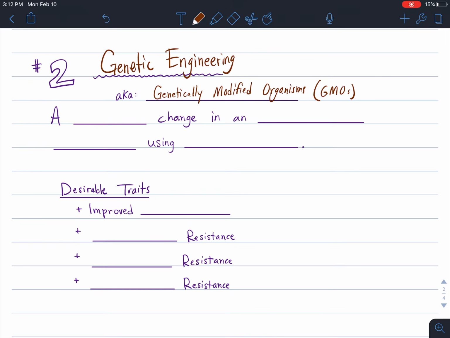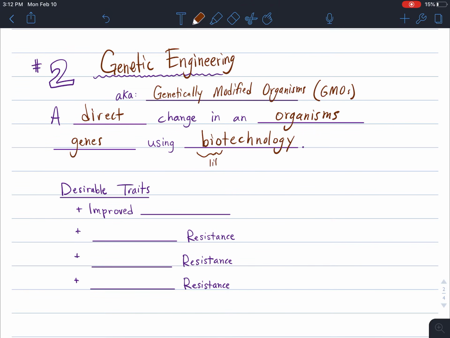All right, well, what is a GMO? What is genetic engineering really? It's a direct change in an organism's genes using biotechnology.